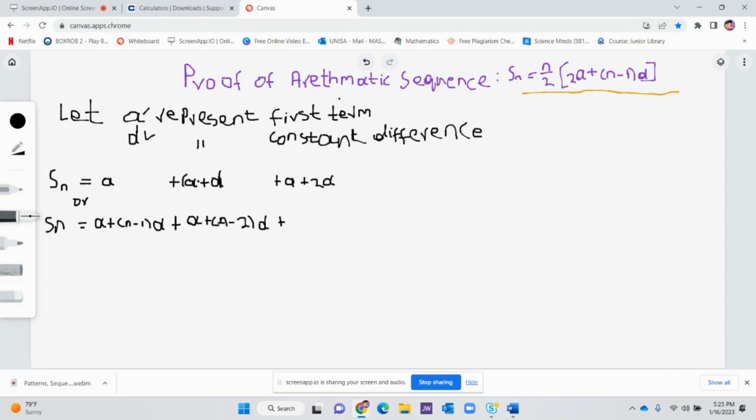Let me just put this in brackets so that you can see it's one thing. A plus 2d, and in this case it's going to be n minus 3 in the bracket.